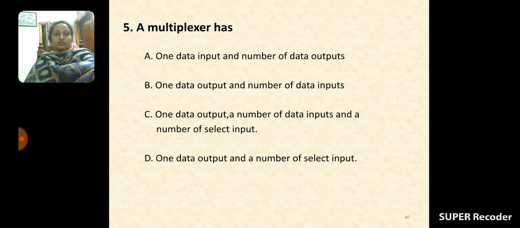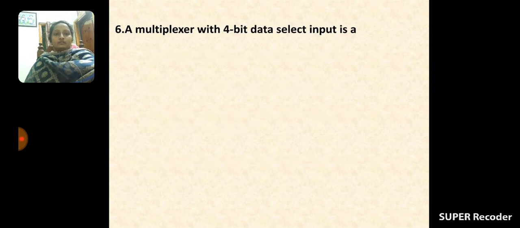Multiplexer means the output is 1 and there are a number of inputs and select input lines. Here we are using selecting lines also. So the answer is C.